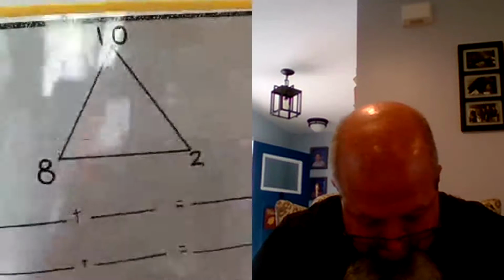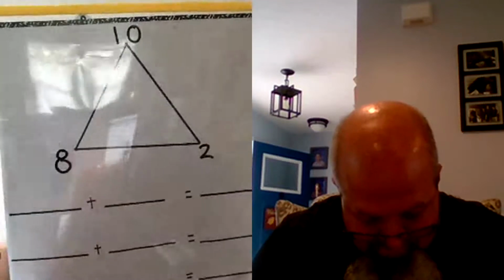And we're going to add them up on the domino and see what our answer is. So we have 1, 2, 3, 4, 5, 6, 7, 8, 9, 10. Just like that, our triangle is now complete. And now all we have to do is the equations.